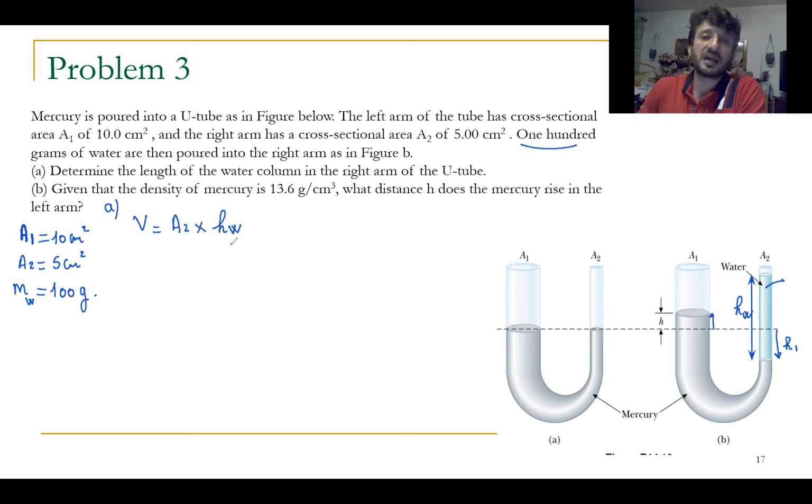I want to find h. I don't have the volume, but I have the mass. You know, the density of water equals mass per volume.